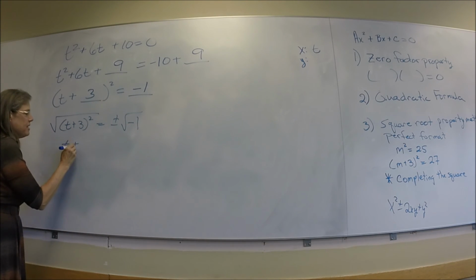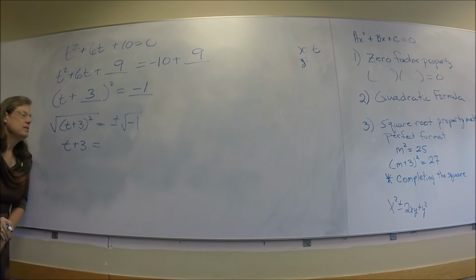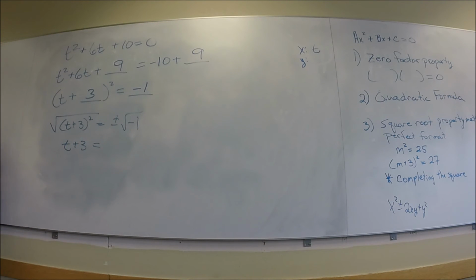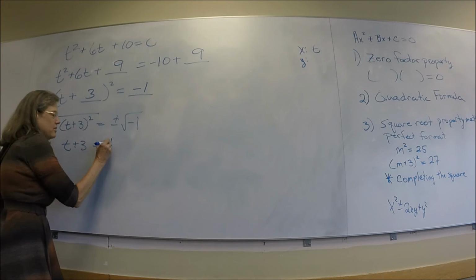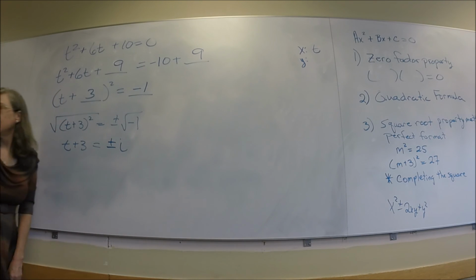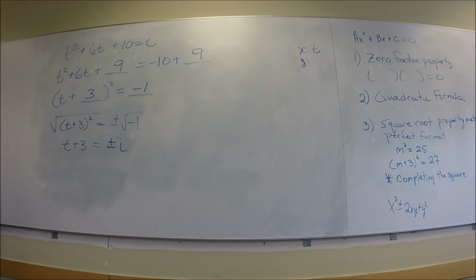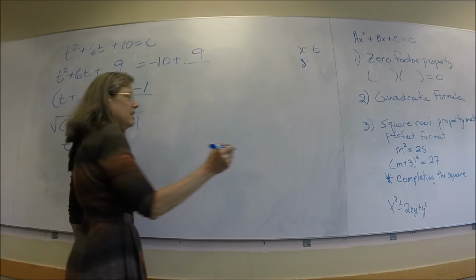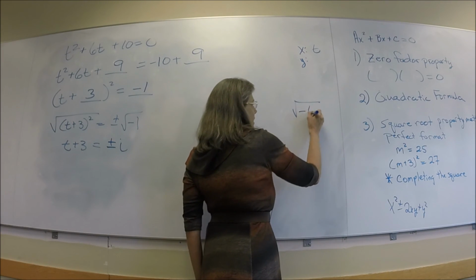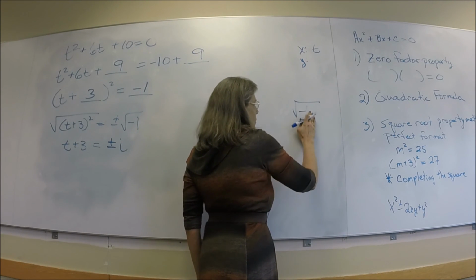And what do I have now? T plus 3 equals? Minus the imaginary number, which is I. Plus or minus I. You okay with that, Jayla? Because, oops, that's 1.